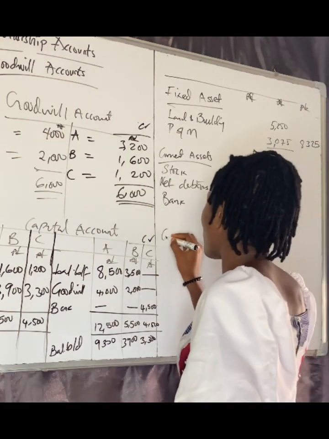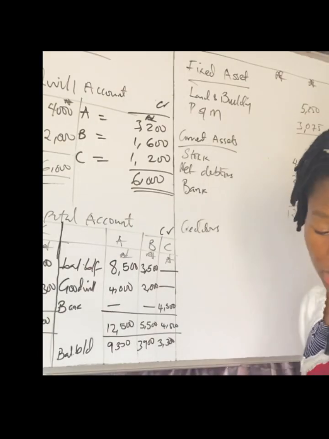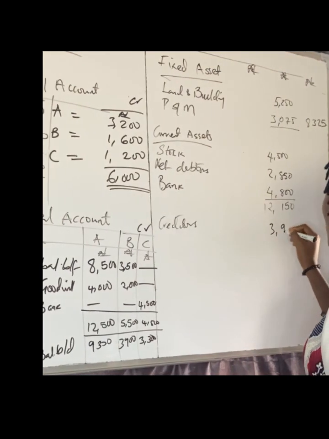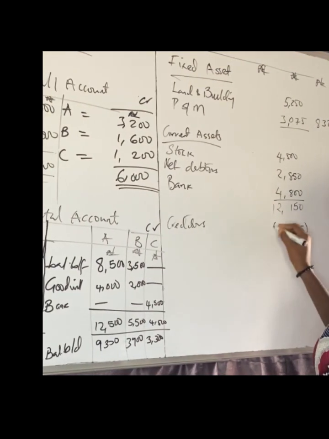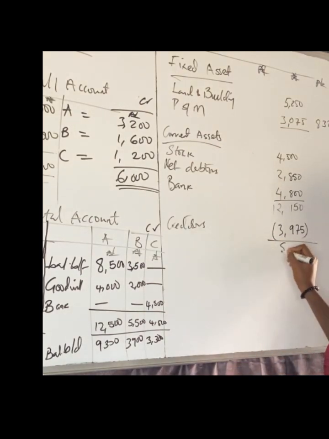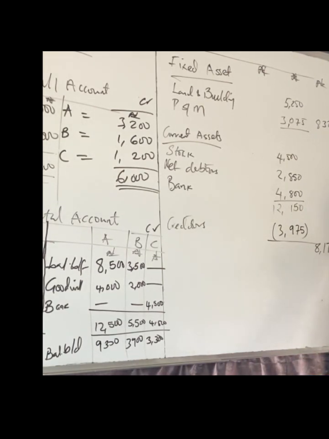And then after we have less creditors, that is our current liability, after we have less creditors value of 3,975 naira, we'll arrive at a working capital of 8,175. Let's transfer 8,175.